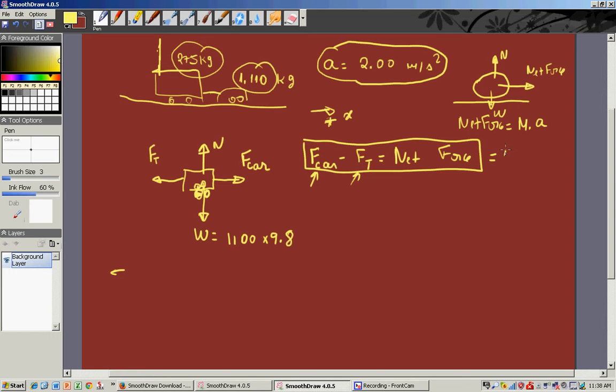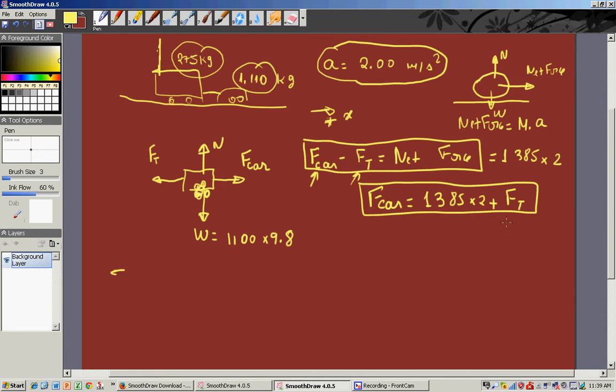So the total mass is this much plus this much, so it's 1,385 times acceleration, which is 2. So we have the net force, and then we can say the force on the car is equal to that number, 1,385 times 2, plus Ft, right? We are almost there, but I don't know Ft.